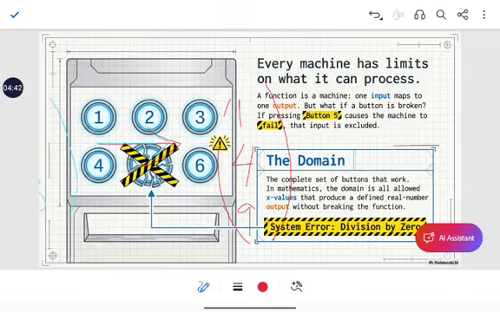Every single element in the domain produces an element in the other set, and so we call the first set the domain and the second set the range.